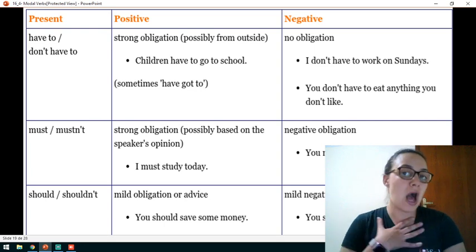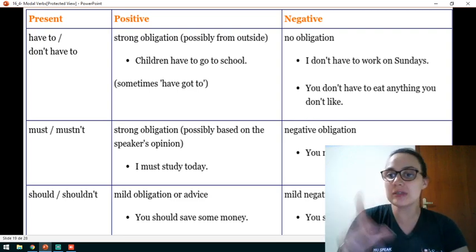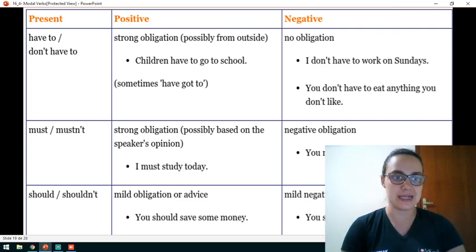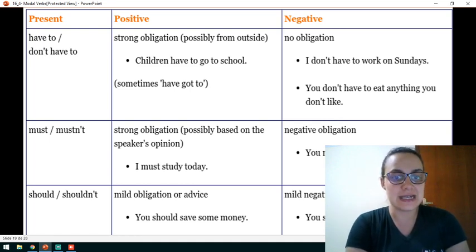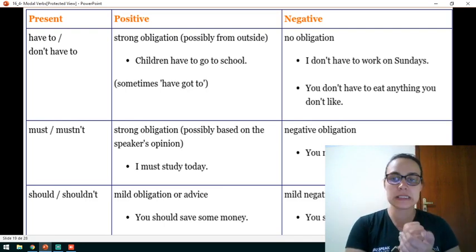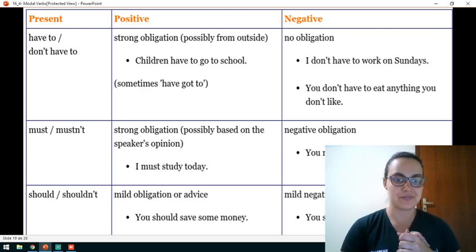So I have to work Monday to Saturday, but I don't have to work on Sundays. Now, like we saw with must and mustn't, it's a very strong obligation. I must study today, or you mustn't smoke here in the restaurant.